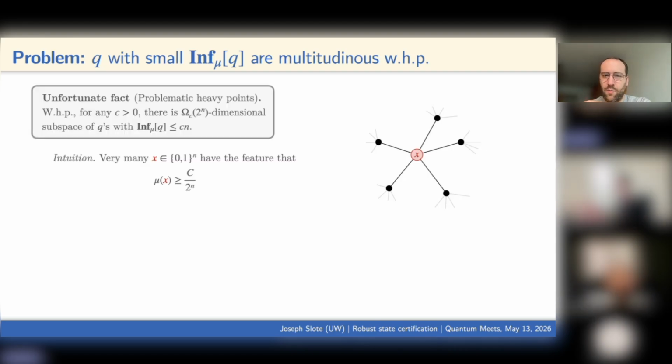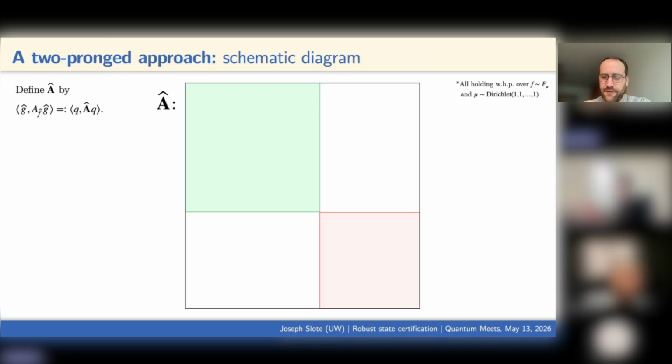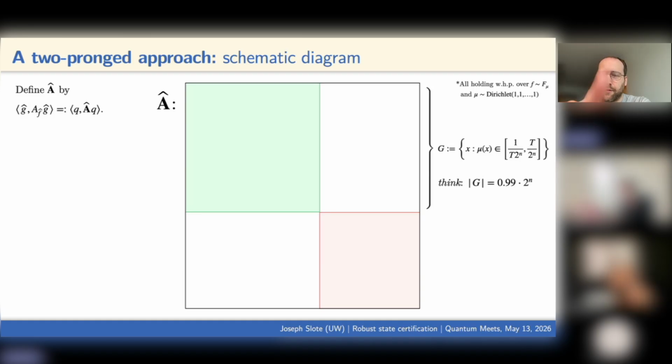So what you end up doing is you take your cube and split the points of the cube into two sets. The good set, which is green here, is a matrix where the rows and columns are labeled by points on the hypercube. In the green box, this corresponds to points x where the measure mu defined by f, this Porter-Thomas thing, is roughly uniform.